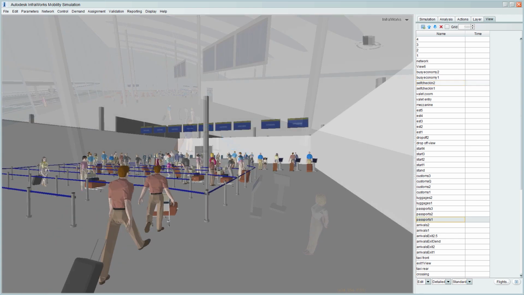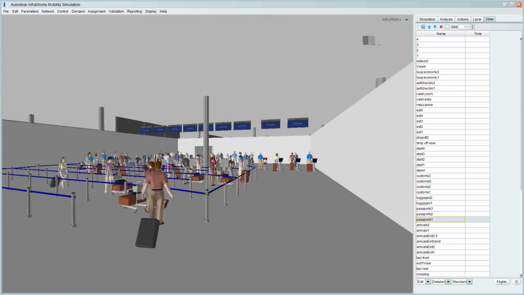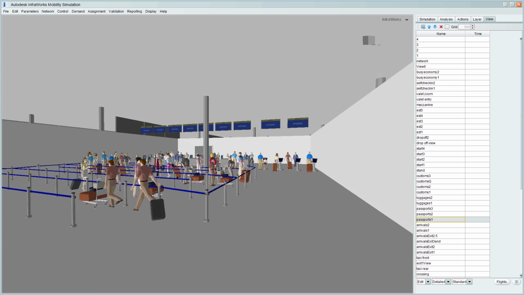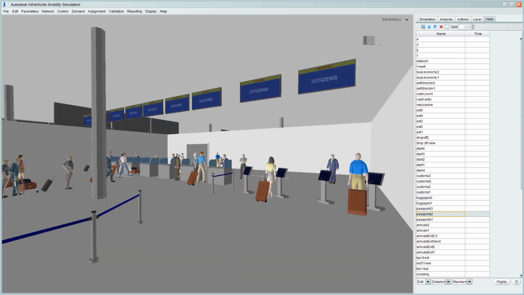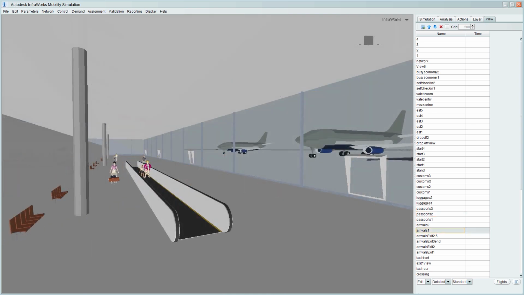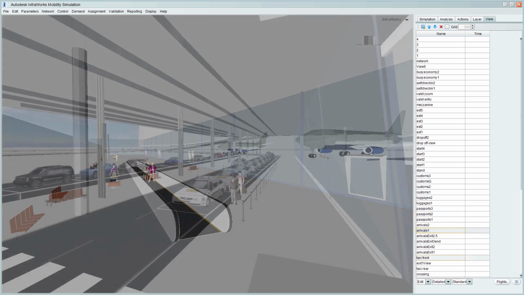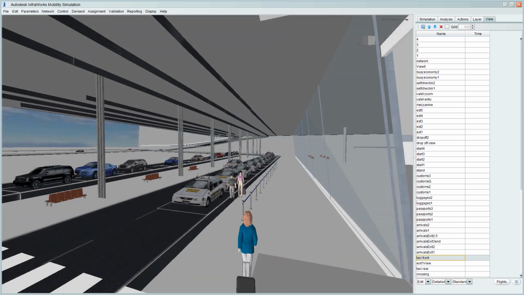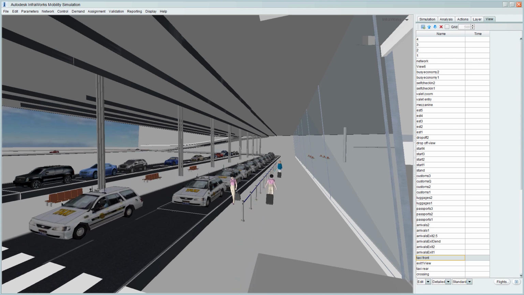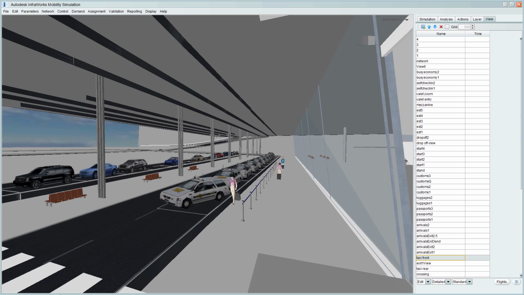Then people will go through to the plane, and when they come back, they go through passport control, and then they'll come out the other end of that, having collected their luggage, and then out to ground transportation. This model is available to us, and there's a lot more in it than what I'm showing here.